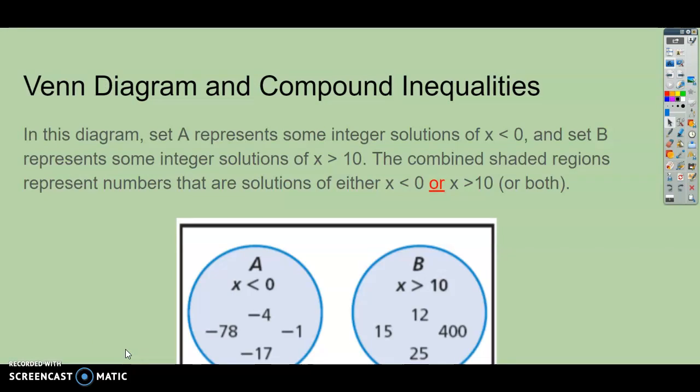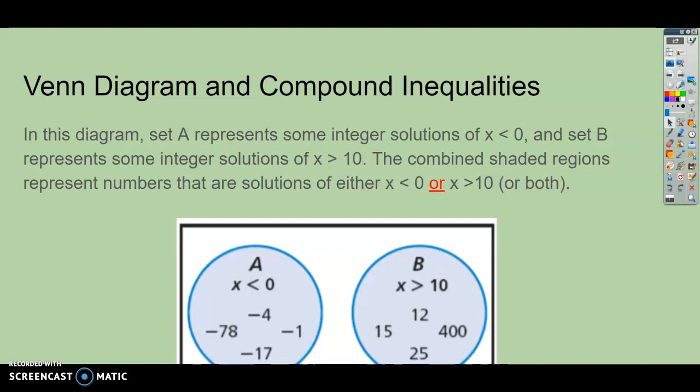All right, now a Venn diagram, looking at how things are represented here for an or statement. In this diagram, set A represents some integer solutions of x less than 0. And set B represents integers that are greater than 10.